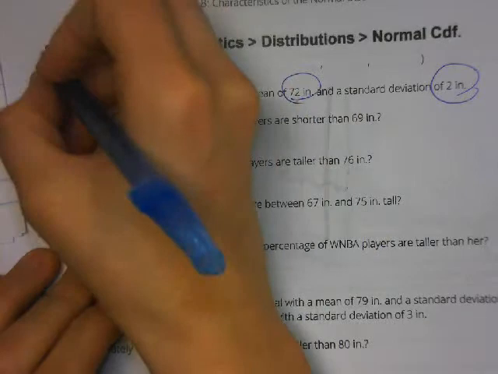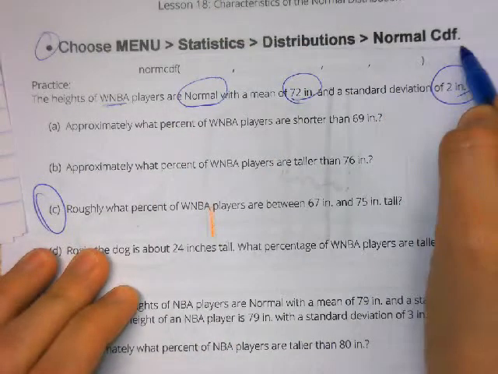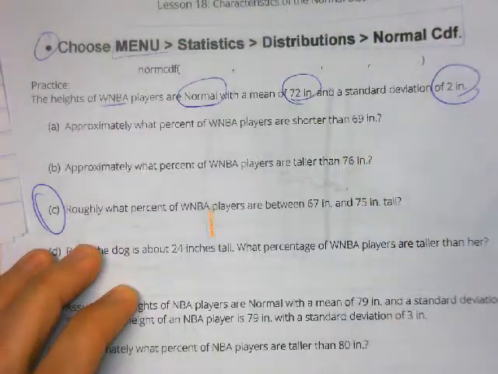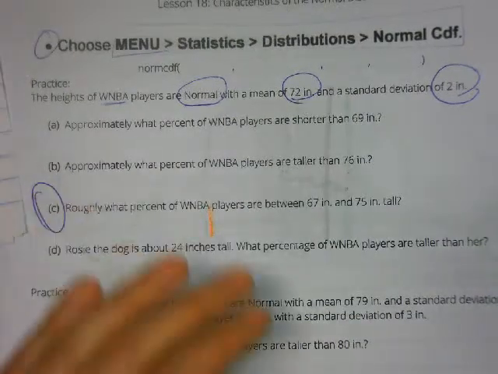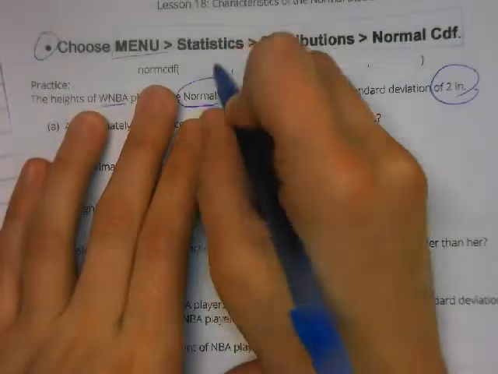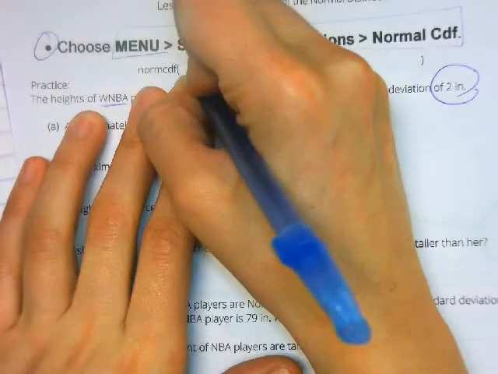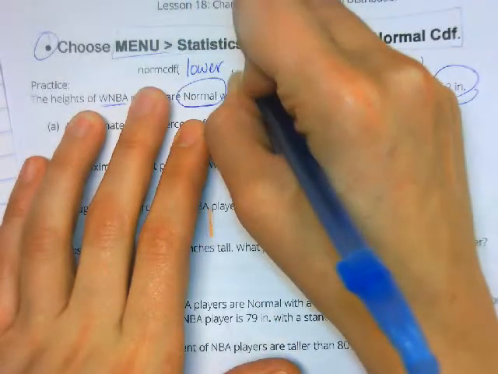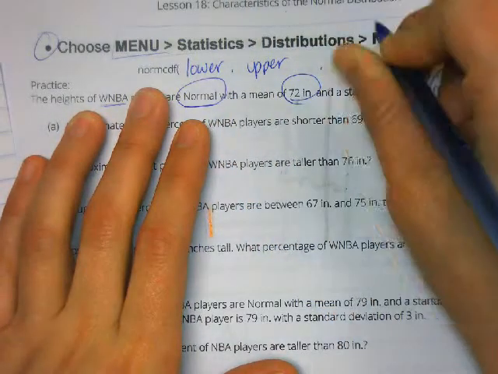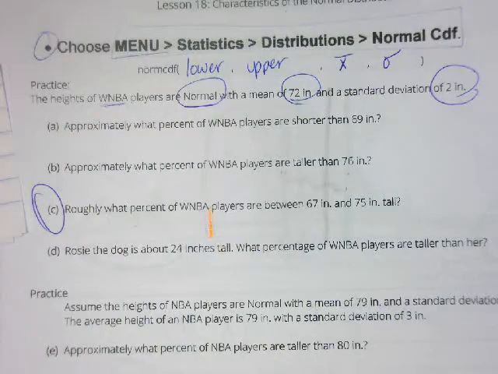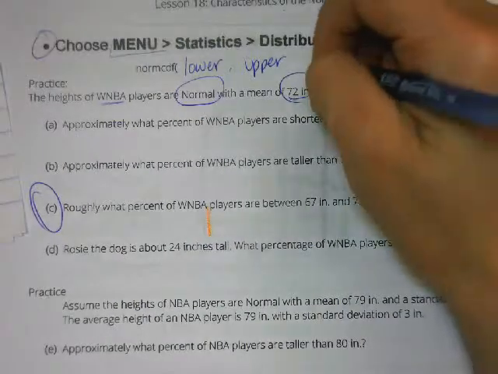Okay, and right here are the instructions of how to do this in your calculator. Okay, and what goes into the function, and we'll see an example of this. You'll have the lower bound here, the upper bound here, your mean is going to go here, and your standard deviation will be there, and they're all separated by commas.